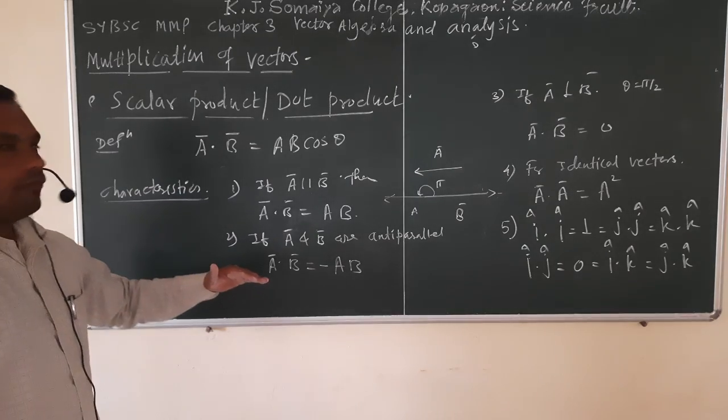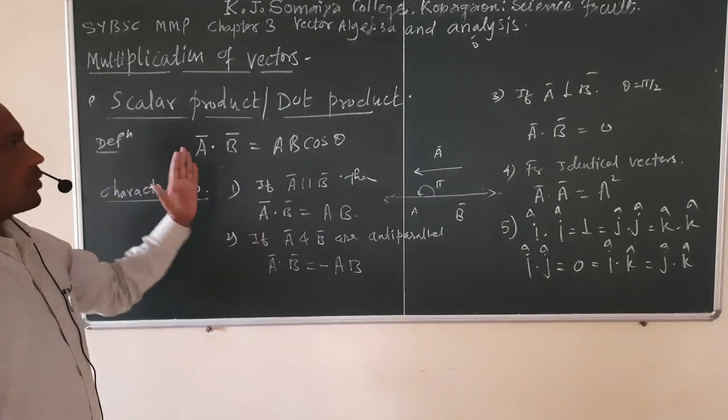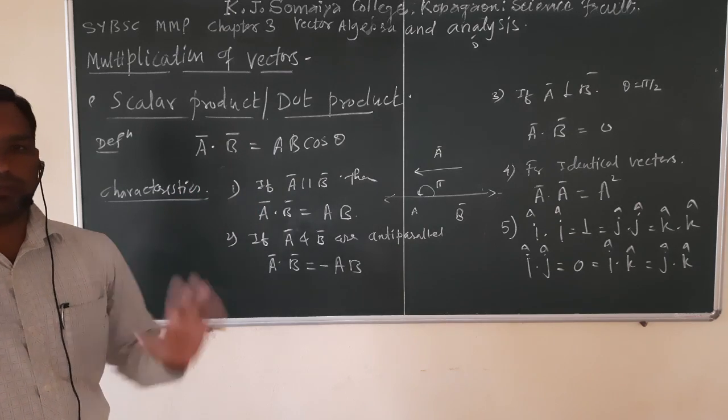Now we are moving to the next section, which is dot product in terms of components of vectors.